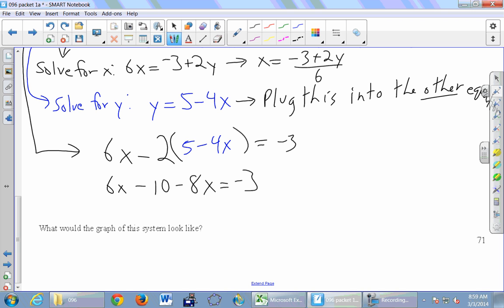Why is it plus? Is it plus or minus? Plus. Okay, so we distribute that -2. And then we'll smush our x's together. I count 14 of them.